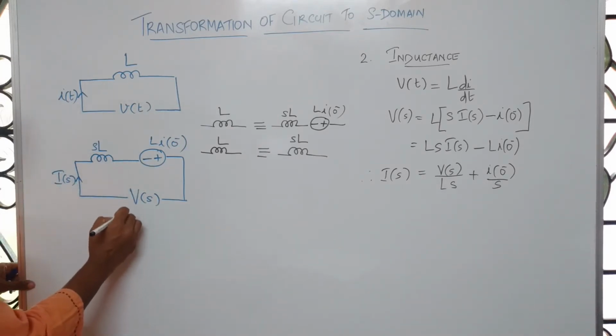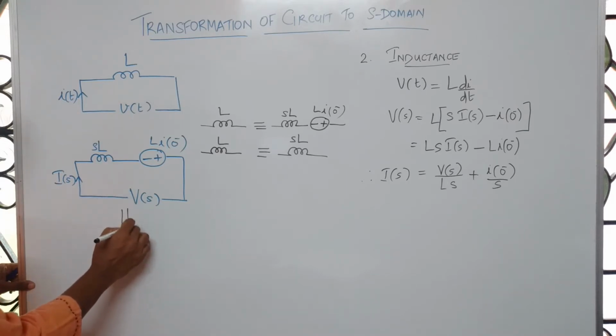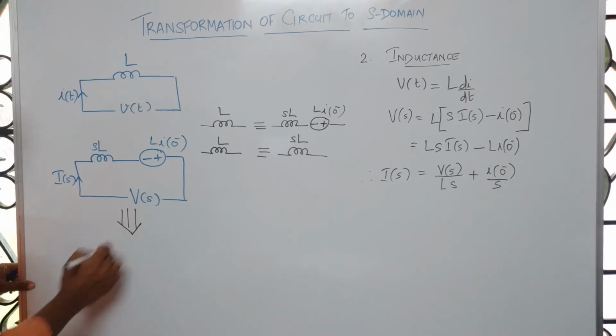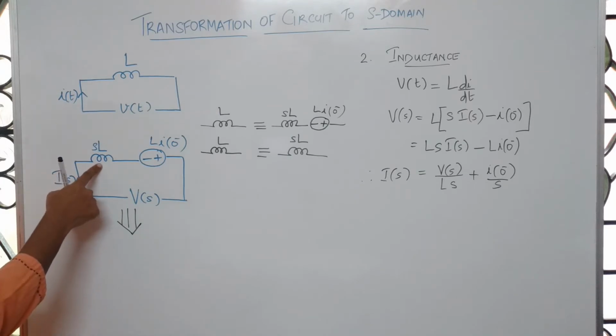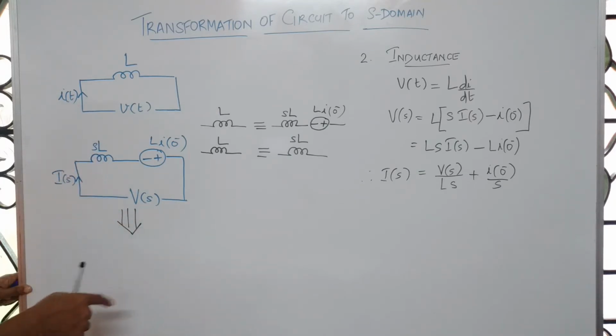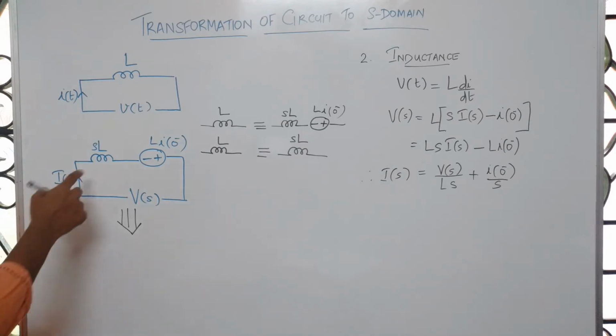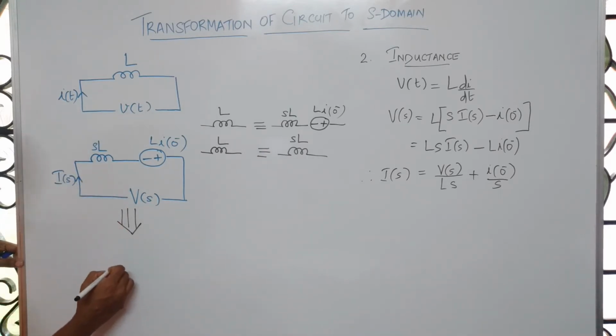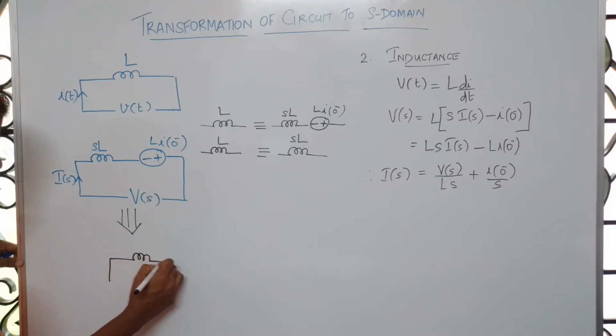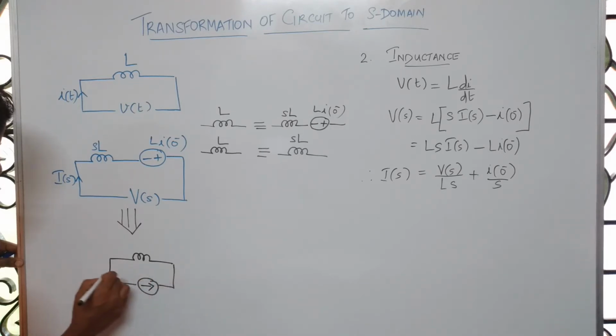An equivalent circuit can be drawn. You can replace this voltage source in series with the inductor by a current source in parallel with the inductor, just like we learned in source transformation. So this can also be drawn as a parallel combination of the inductor with a current source.